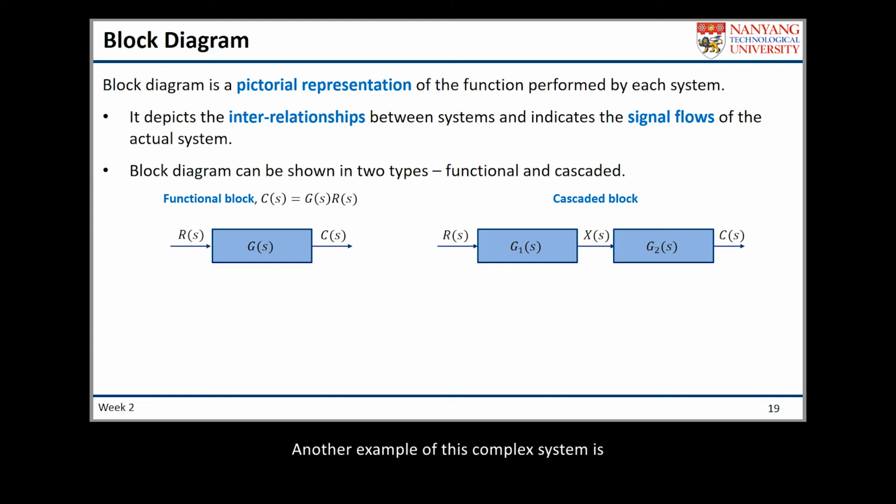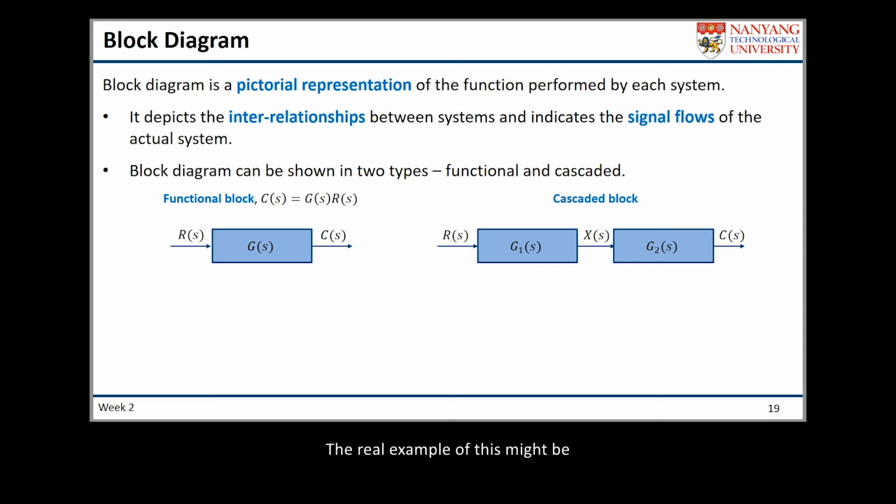Another example of a complex system is the one that you see on the right side here, a cascaded block. In here you have a system with two subsystems arranged in series. The first subsystem has a transfer function of G1. The second subsystem has a transfer function of G2.